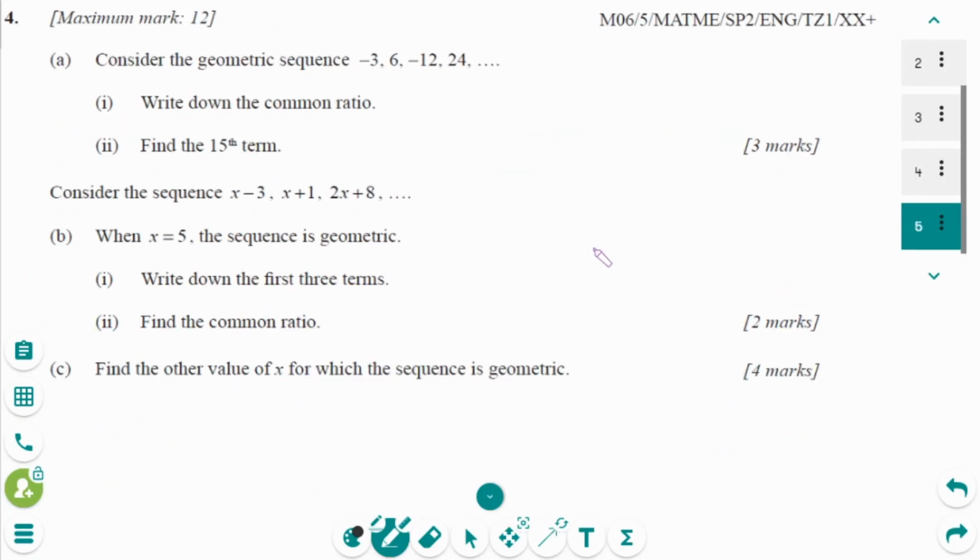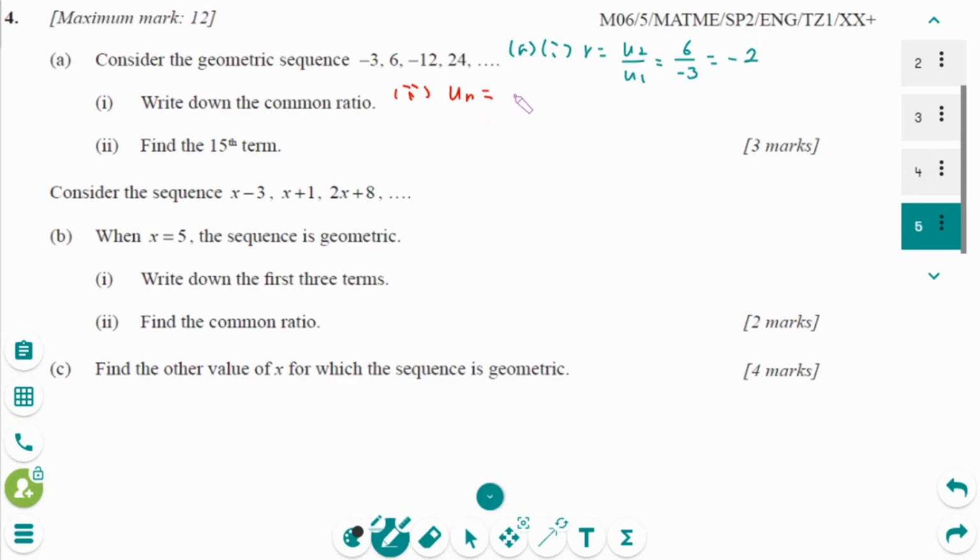This is the May 2006 SL Paper 2 question. Number A, 1. r equals U2 over U1 equals 6 over minus 3 equals minus 2. Number 2.